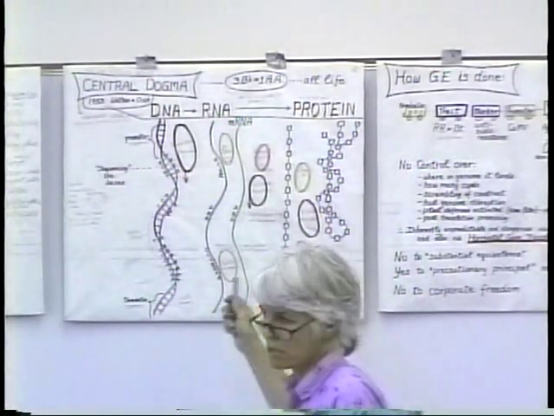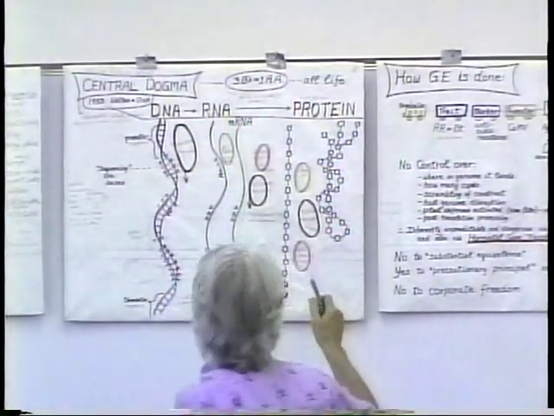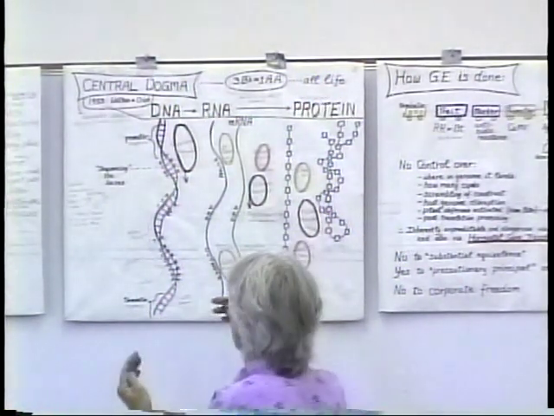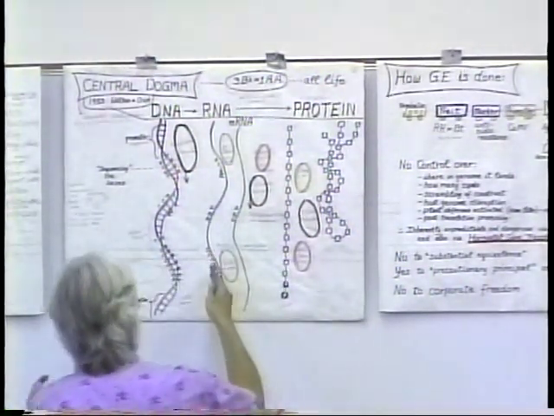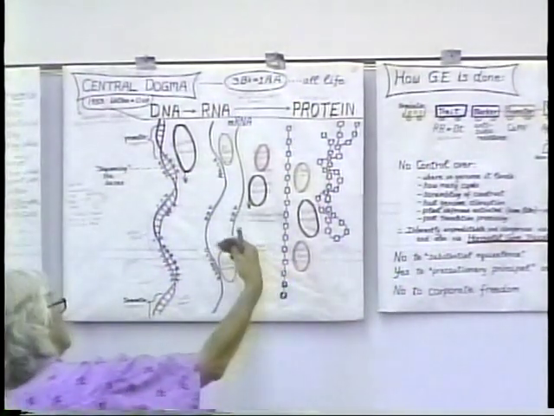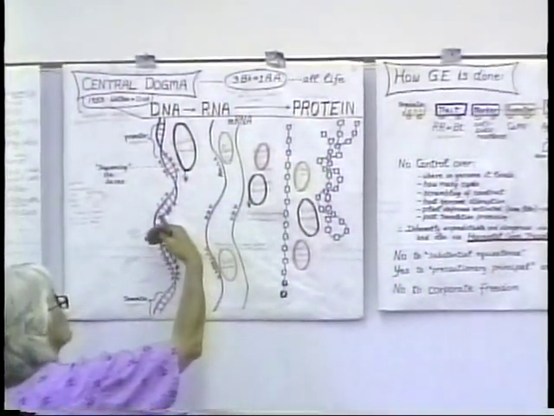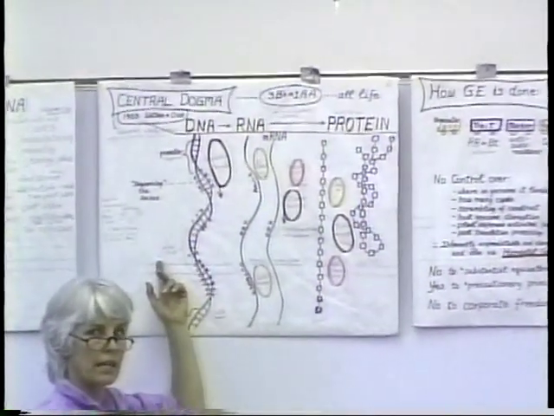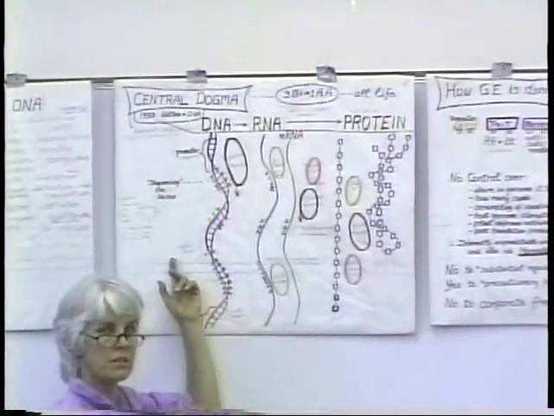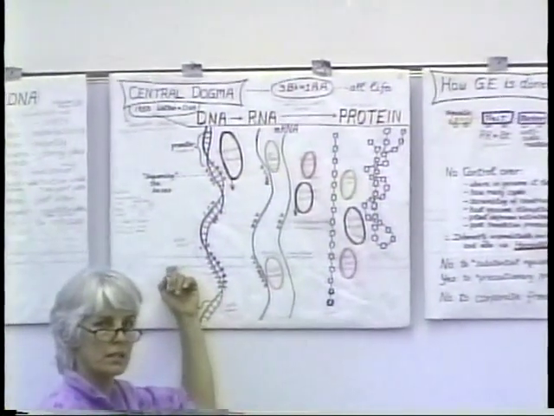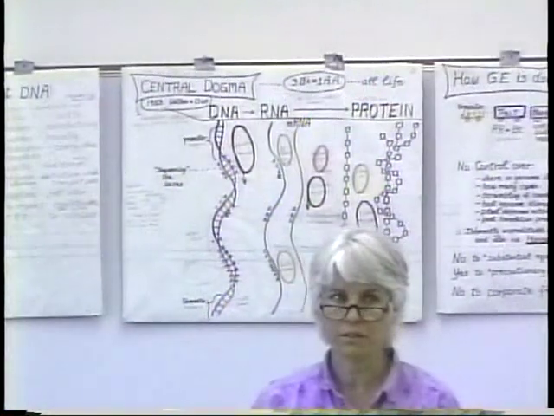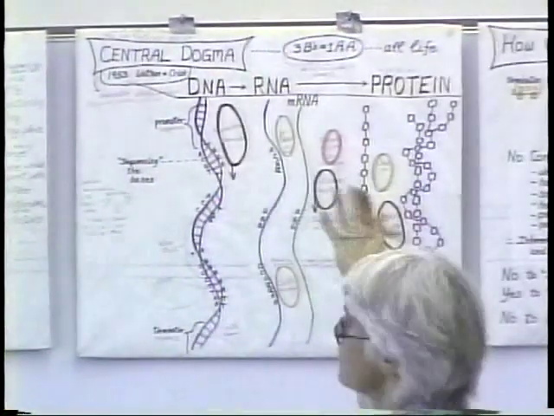Viruses, unlike bacteria, are just a bit of DNA with a protein coat. And retroviruses are a bit of RNA with a protein coat that get into a cell, make a copy backwards of DNA, and then insert themselves into the DNA of the cell. That's a retrovirus. HIV is a retrovirus. So that refutes the central dogma.